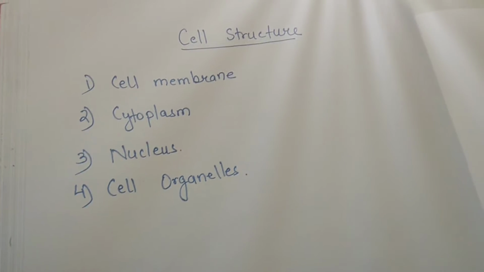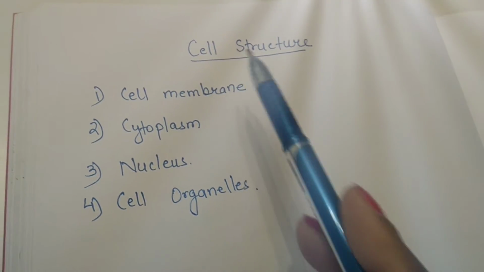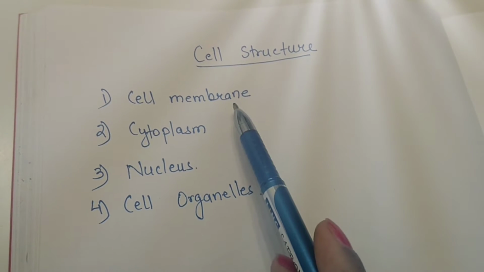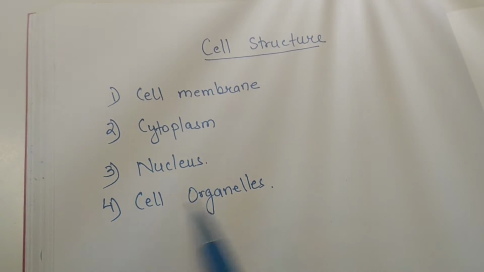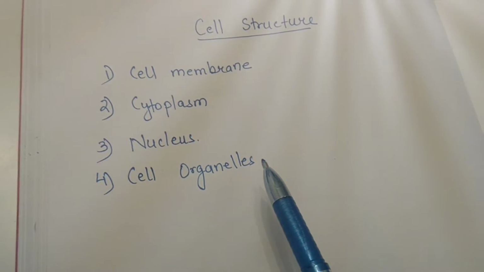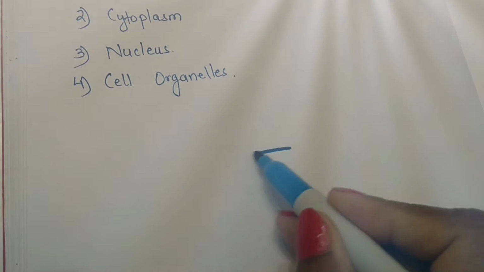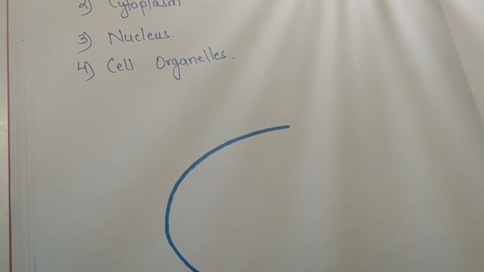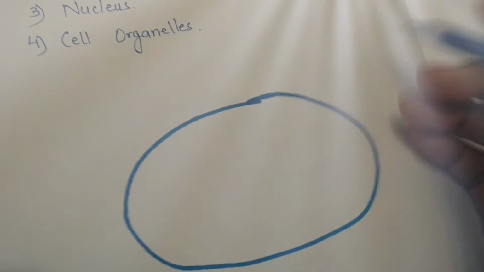So we'll see about the cell structure. The cell structure basically is composed of cell membrane, cytoplasm, nucleus, and the cell organelles. So if you'll see the structure of a cell, it has an outer covering called cell membrane.